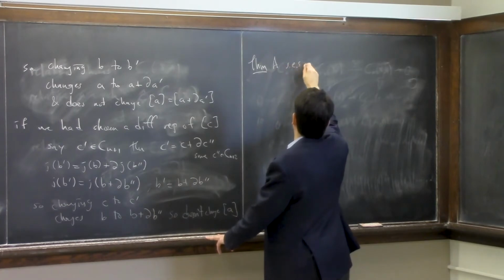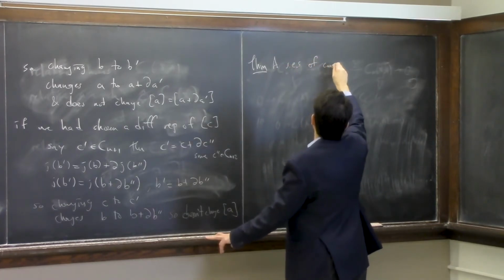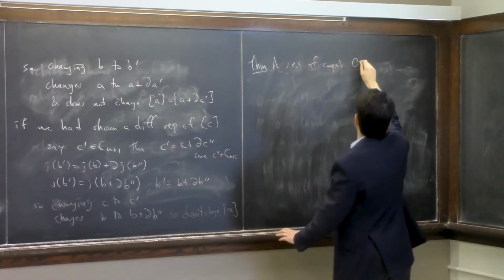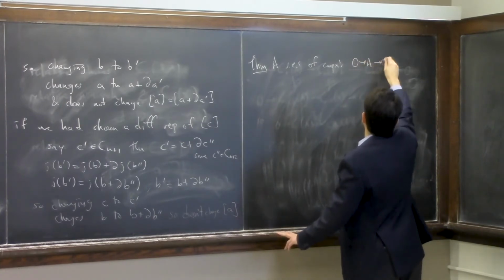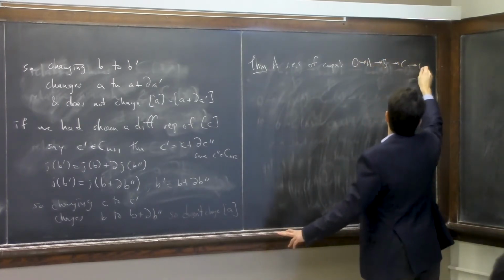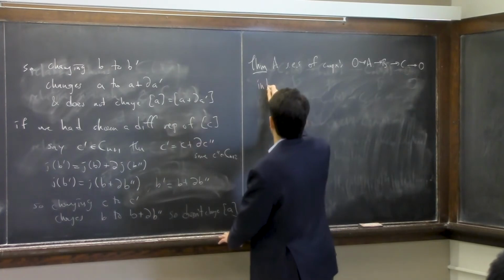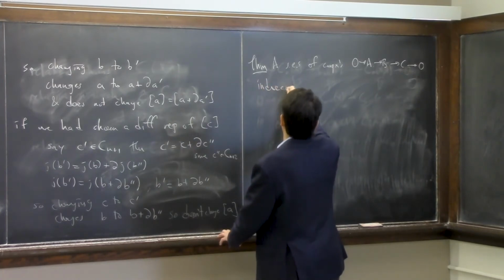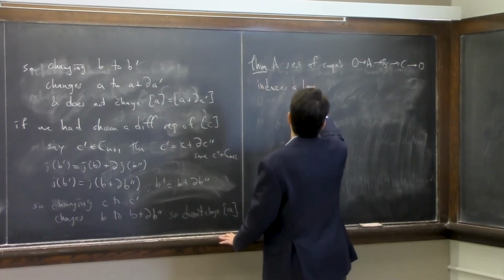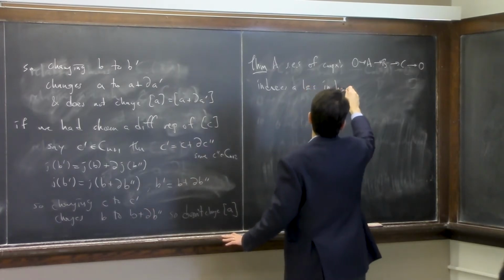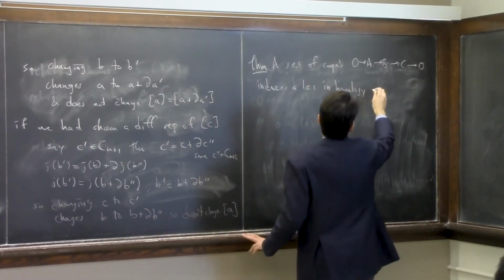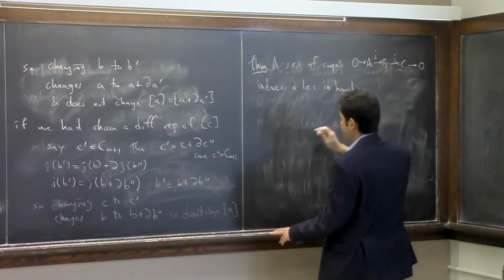A short exact sequence of complexes induces a long exact sequence in homology. All right, call this I, call this J.